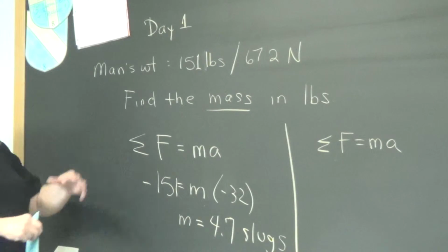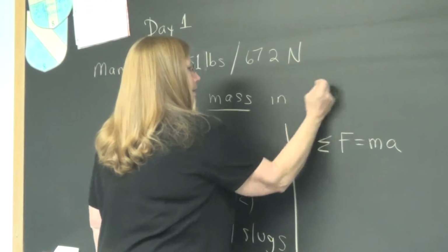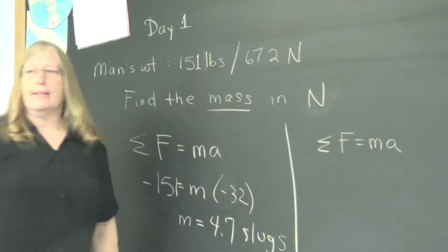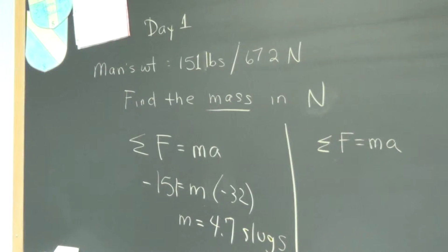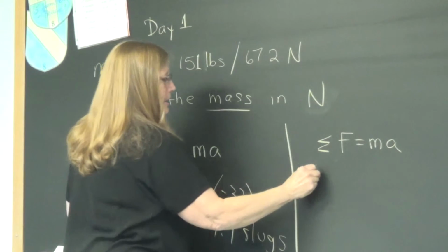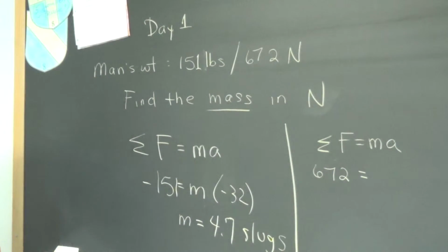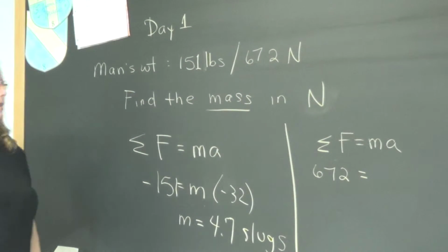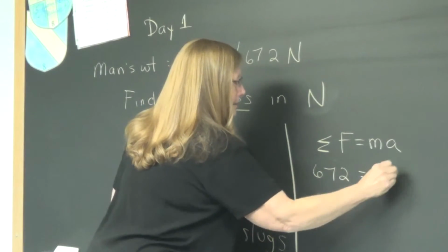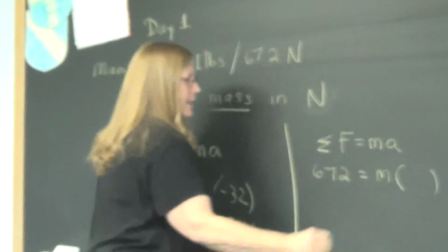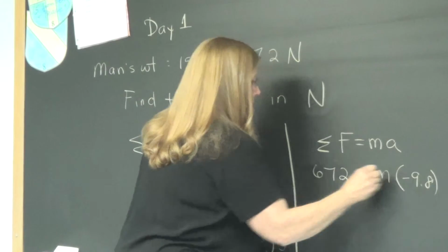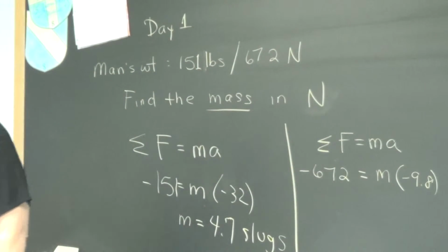Again, it's find the mass, but this time in newtons. So you take 672. Right, so this time we grab the 672 because we're looking for newtons. Equals negative 9.8 times 9.8. Yeah, and we're going to do the downward number and the downward weight. So if you would find the mass.